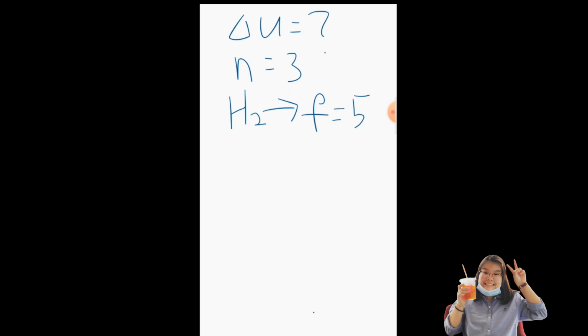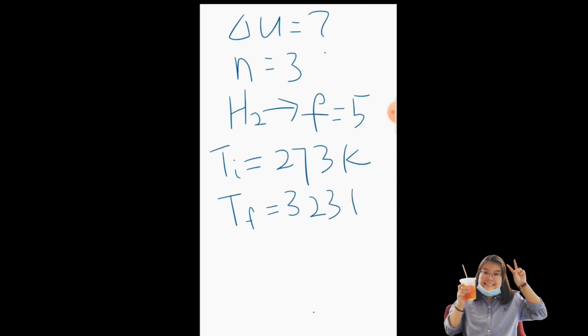Then our initial temperature, because they want us to find the change in internal energy, so there is a change in temperature. Initial temperature is 273 Kelvin. Final temperature is 323 Kelvin.